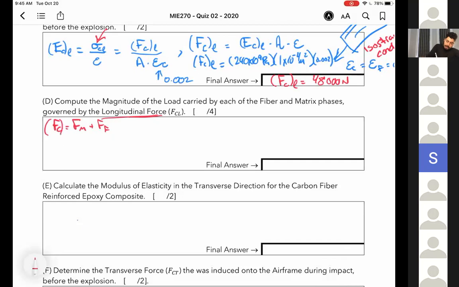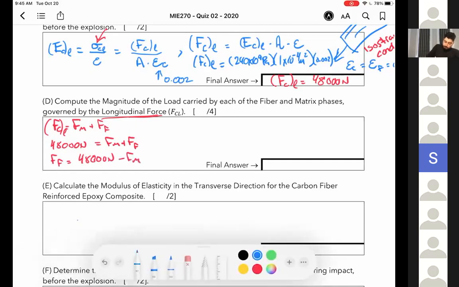Did everybody follow me there? So we can say that 48,000 newtons is equal to Fm plus Ff, or Ff is equal to 48,000 newtons minus Fm. That'll be equation number 1.